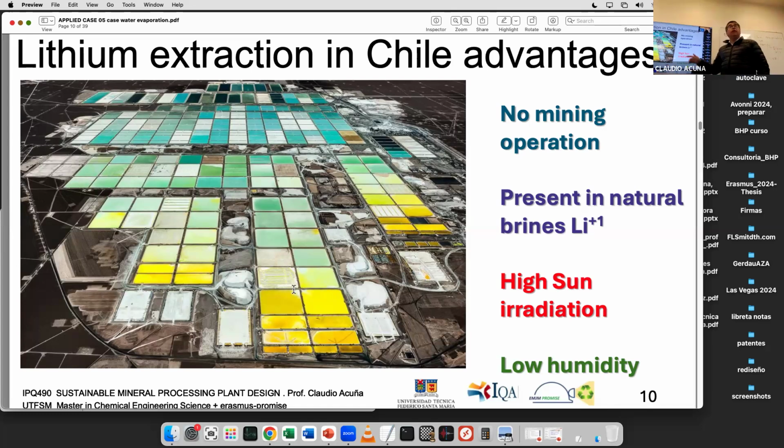Very low humidity. First concept for a psychrometric chart. Very low humidity means the air has a lot of capacity to remove more water. To make it simple, when you take a shower and then you try to dry your hair in the bath, or you do not, in my case, if you do it inside the bathroom, it cannot be done because the air is saturated. It's very difficult. It's better to do it outside.